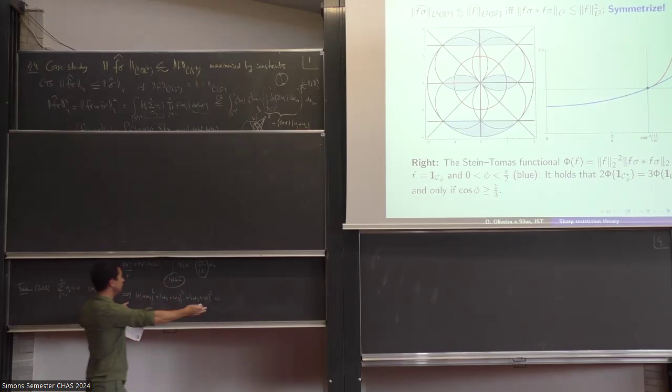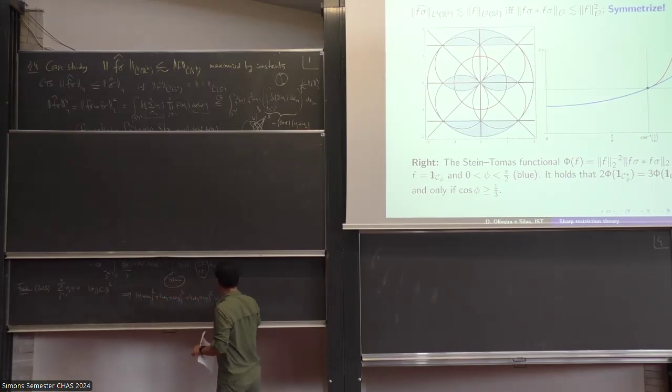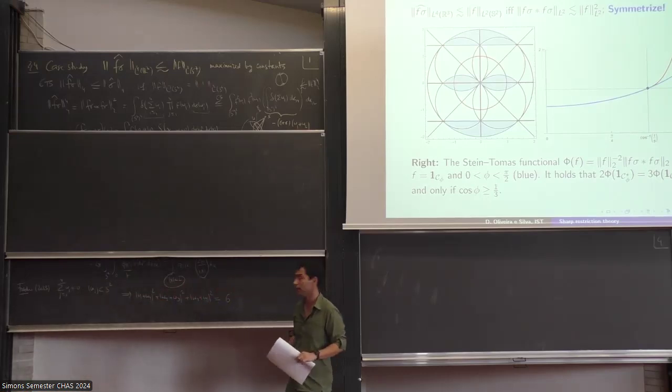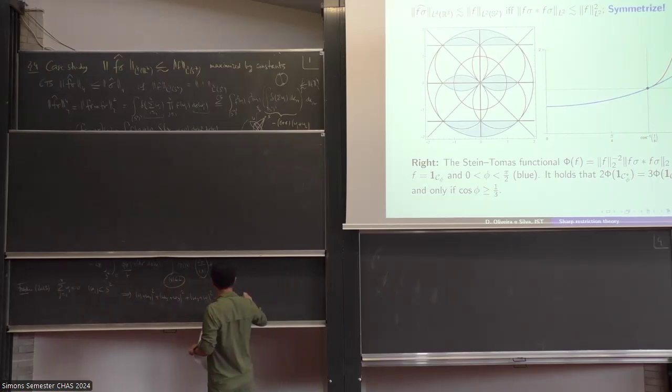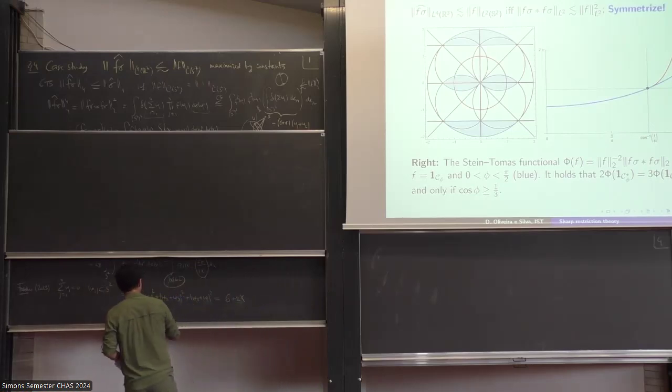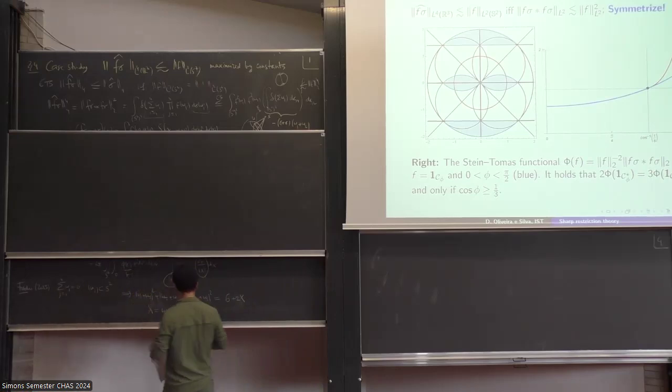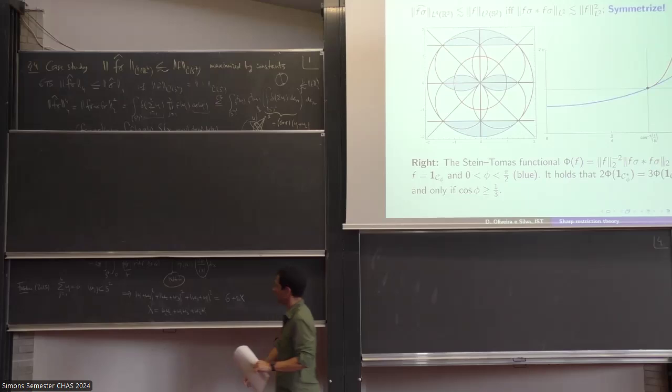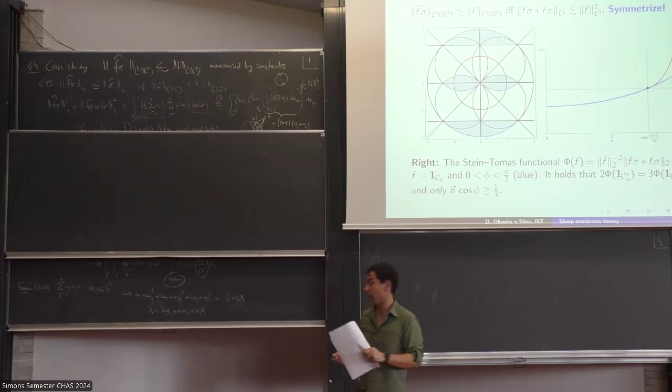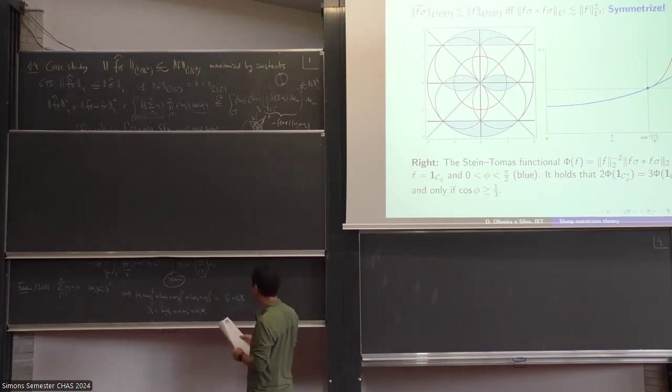Well, you can expand and you get about 6 unit vectors, norm squared, plus twice a certain quantity, I'm calling x, and the quantity is just the sum of the pairwise distinct inner products: omega 1 dot omega 2, omega 2 dot omega 3, omega 3 dot omega 1. These are dot products between unit vectors. So if we find the value of x, we find the value of this.